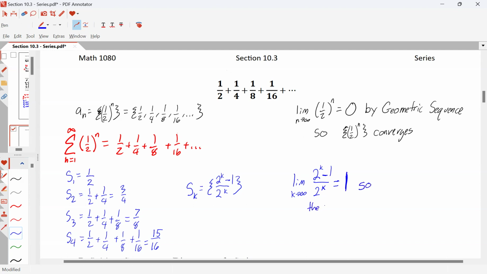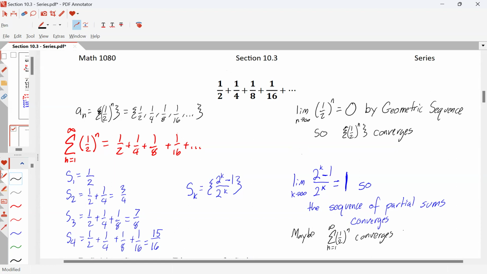So the sequence of partial sums converges. And so we have both the sequence converging and the sequence of partial sums converging, which kind of points to maybe the series n equals 1 to infinity of 1/2 to the n converges as well.